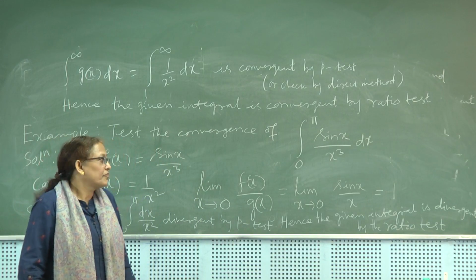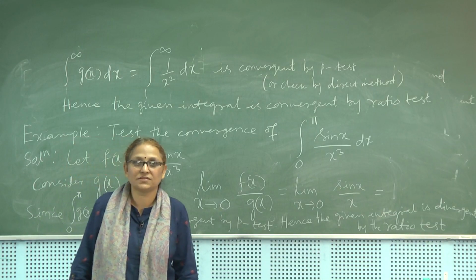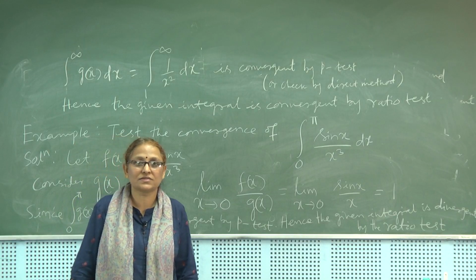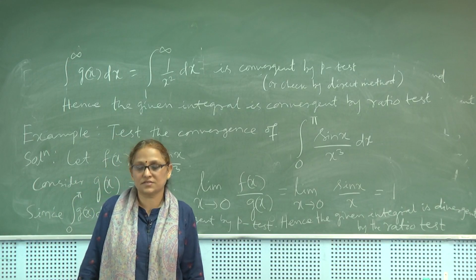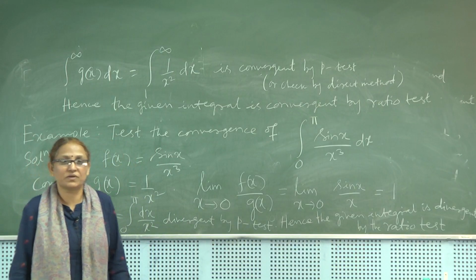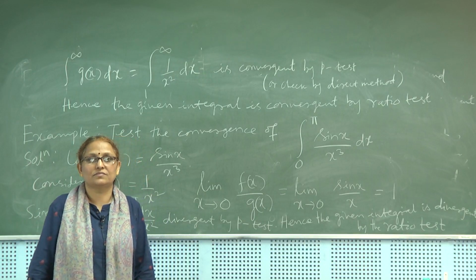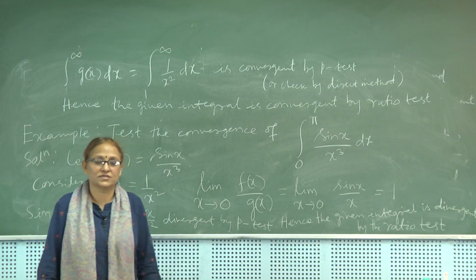Applying these tests we can verify convergence and divergence of improper integrals. In the next class we shall discuss two very important kinds of improper integrals, the gamma function and the beta function, and that is all for today.